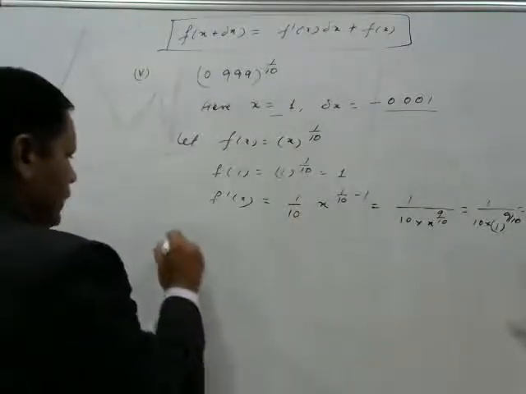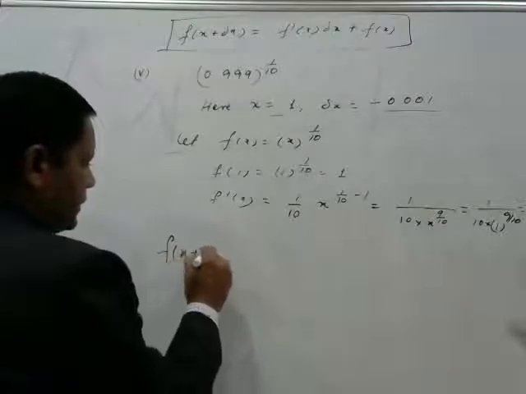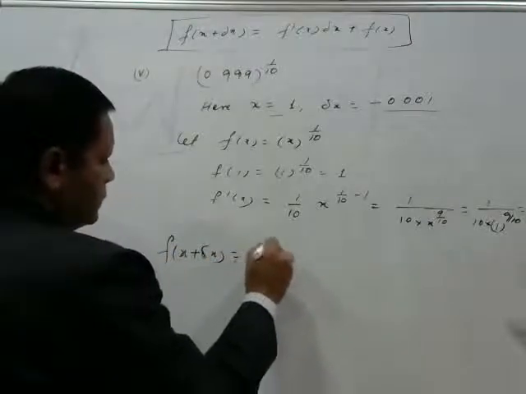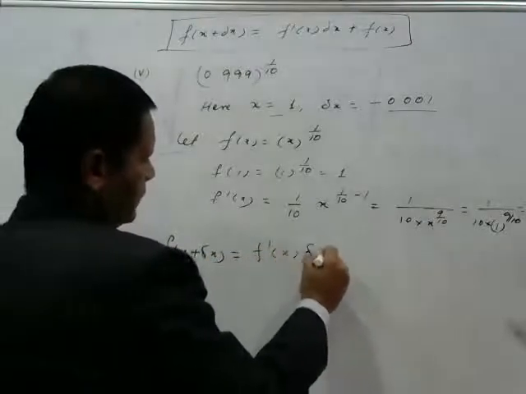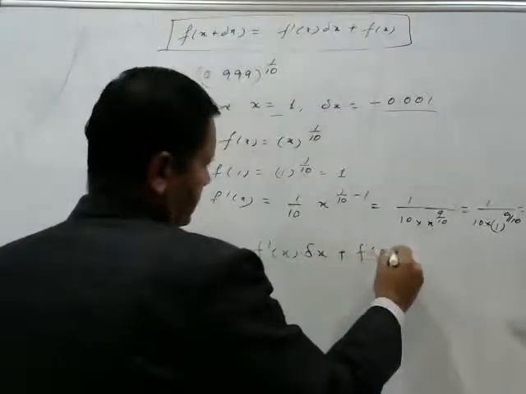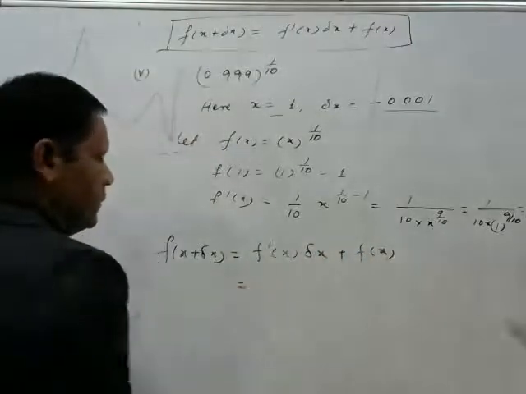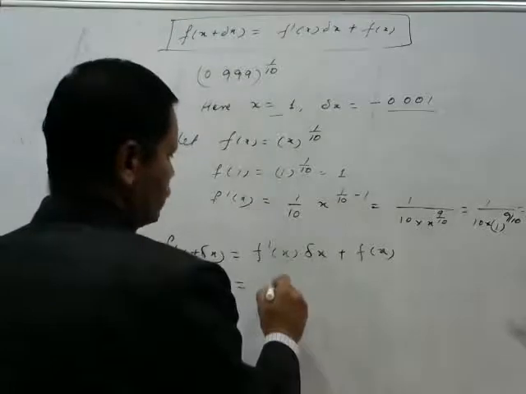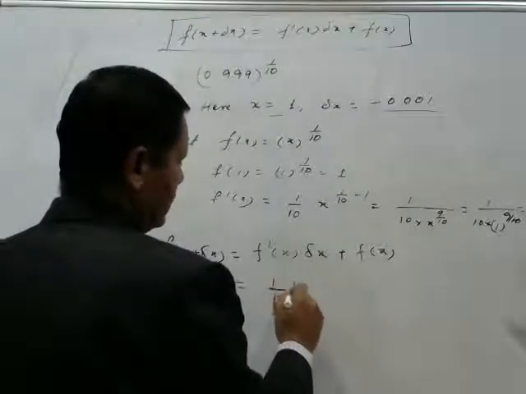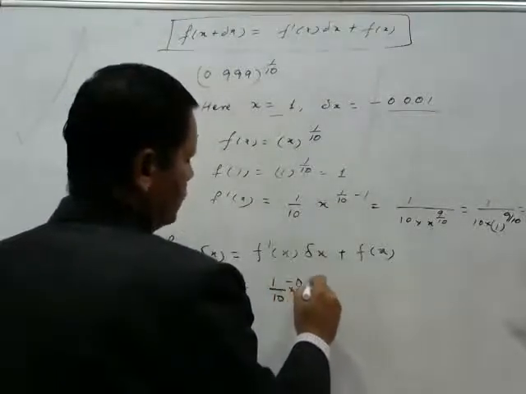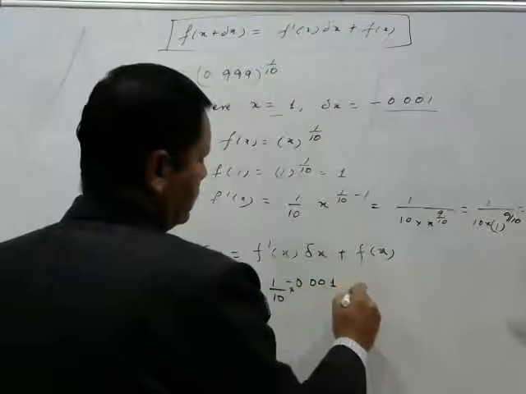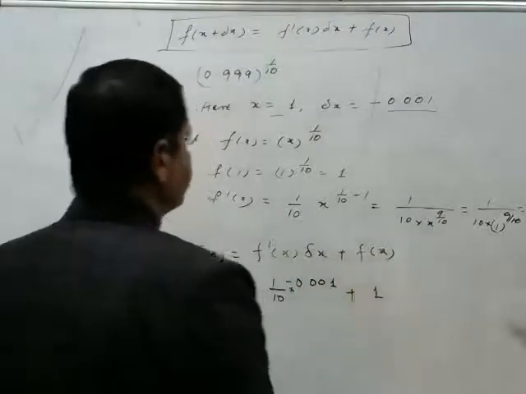And therefore, f of x plus delta x is equal to f dash of x delta x plus f of x. Now this is equal to f dash of x, which is 1 by 10, times delta x, which is minus 0.001, plus f of x, which is 1.